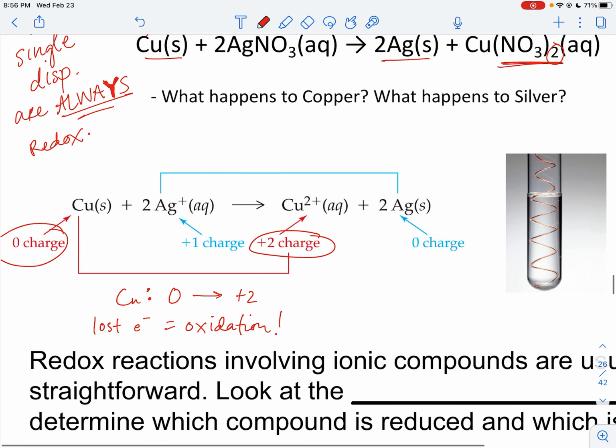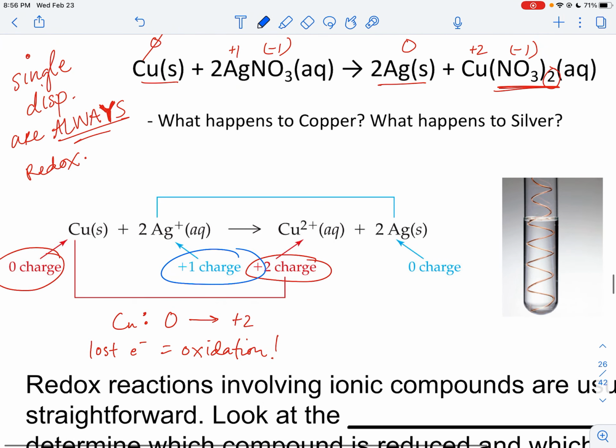And then silver, in the blue here, I'll change my color to blue, starts out as +1 on the reactant side. Notice this whole thing down here is not including nitrate. Nothing's changing with nitrate, so it was pulled out just so we can see specifically what's happening with copper and silver. So don't be confused about where nitrate went. Silver is +1 on the reactant side, and it becomes 0 on the product side.